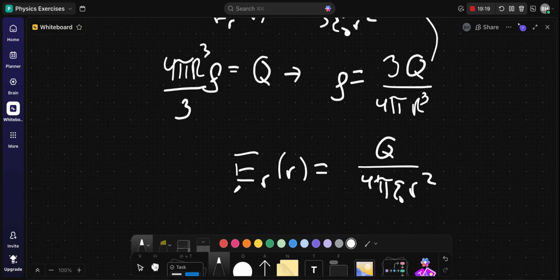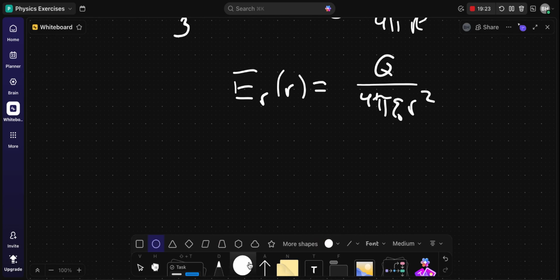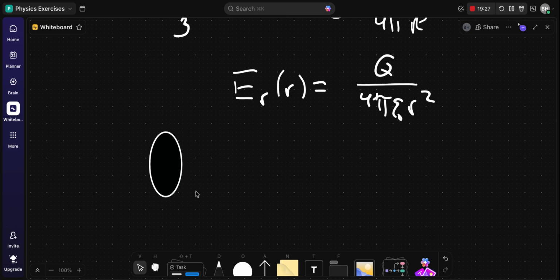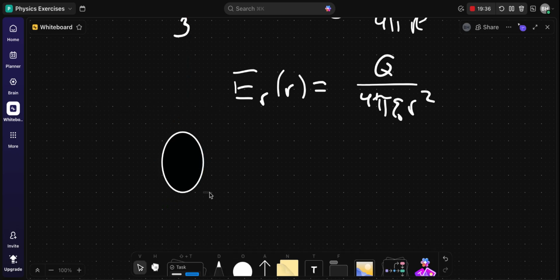So outside, this is an interesting statement. We have a charge density. Again, let me draw a sphere. That's not a sphere, sorry. So let's draw a sphere. Well, whatever, that's our sphere.